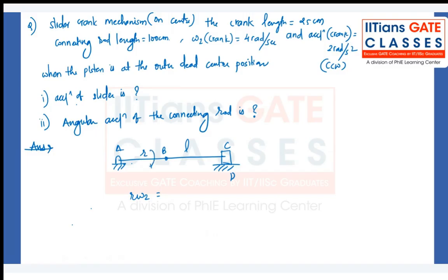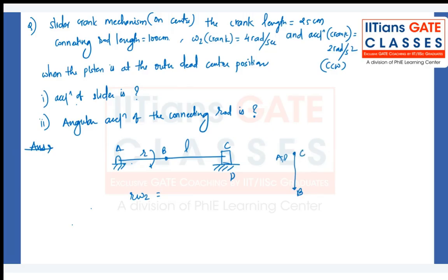Try to draw the velocity diagram and solve it. Let's say this is the fixed point, A and D. A to B, B is the velocity, let's say like this. And C point is again perpendicular to it.